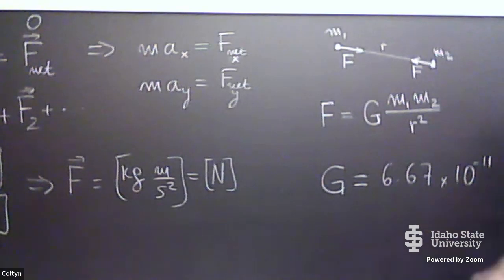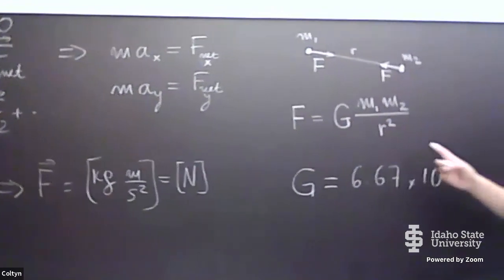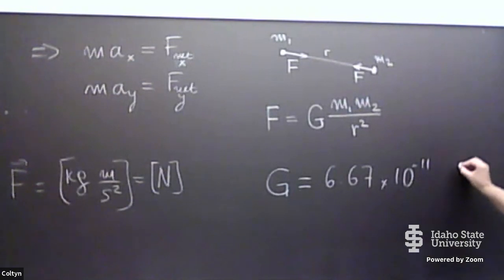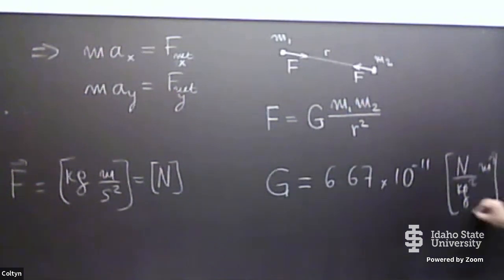The units for the gravitational constant are, well, what are they? The gravitational constant is measured in Newton times meters squared divided by kilograms squared. This is the unit in SI units, and this is its value.